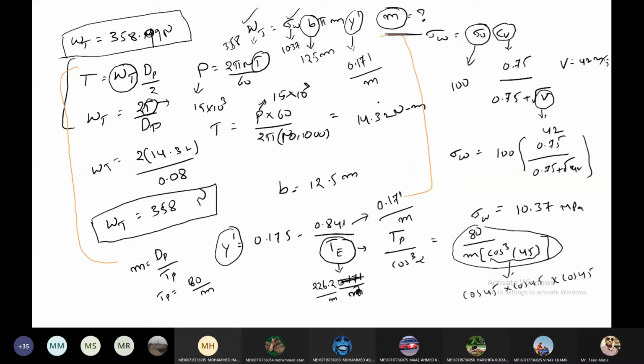After getting the module value, we have to compare it with the Indian standard values. The module values given by the Indian standard are 1.25, 2, 2.5, 3, 4, 5, 6, 8, 10, 12, 14, 16, 18, 20, 22, 25, 30, 32, 40, 50.